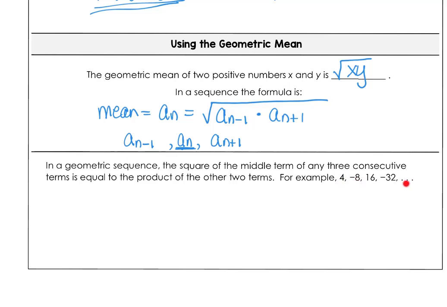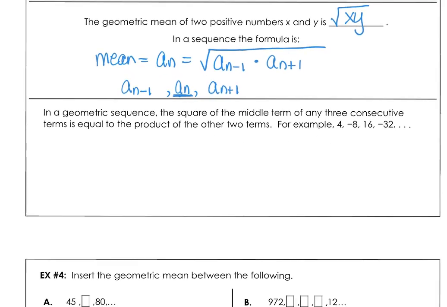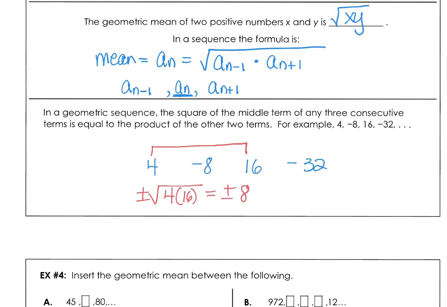For example, if we look at 4, -8, 16, and -32, if you think about 4 times 16, considering both square roots, since we've got a negative on the 8, it would be a positive or a -8.